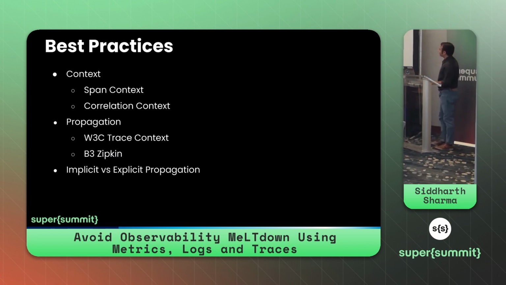Again, some best practices around distributed tracing. As with logs and metrics, you should always send some baggage context with your distributed tracing. So when a request goes from service A to service B to service C, you pass in some baggage context, which could be your organization ID or your user ID.